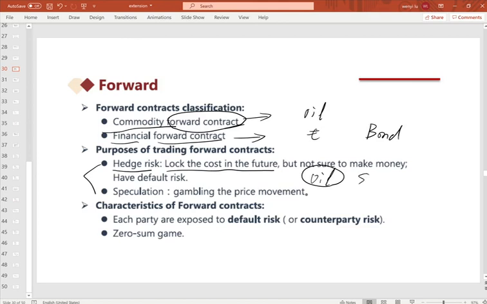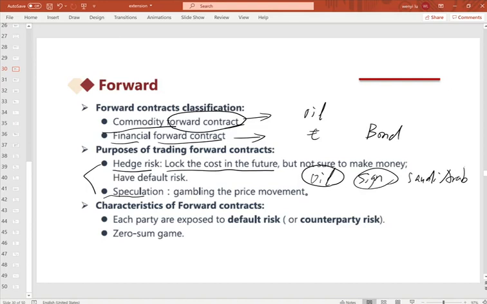They will buy a forward contract, for example, with Saudi Arabia. So even if the price goes up, they can still buy the oil at a cheaper price under the contract with Saudi Arabia. So in this case, they can reduce the potential price risk in the future.